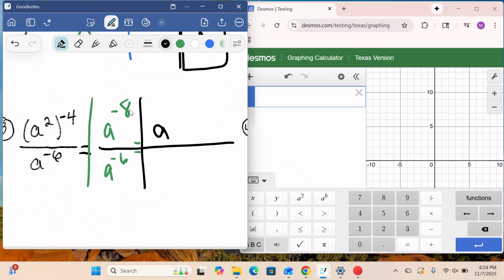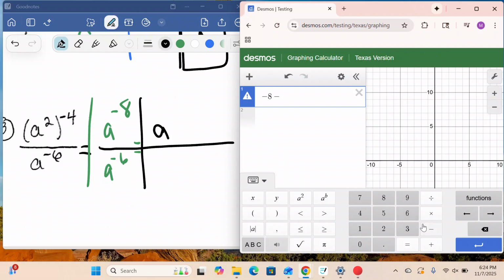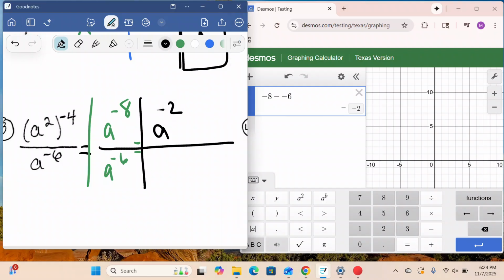So right here we have a negative 8 minus a negative 6. I don't like to think because there's too many negatives. Sometimes we have too many negatives, so I just input it and let the Desmos do the work for us. So I input negative 8, and then I'm going to subtract negative 6. And of course, do not forget to put the double negative. And the answer is a to the negative 2.